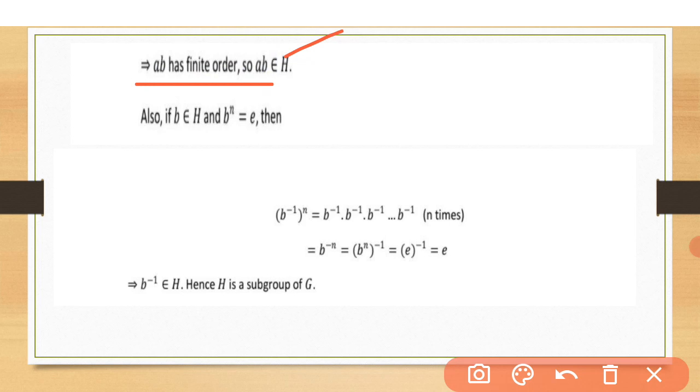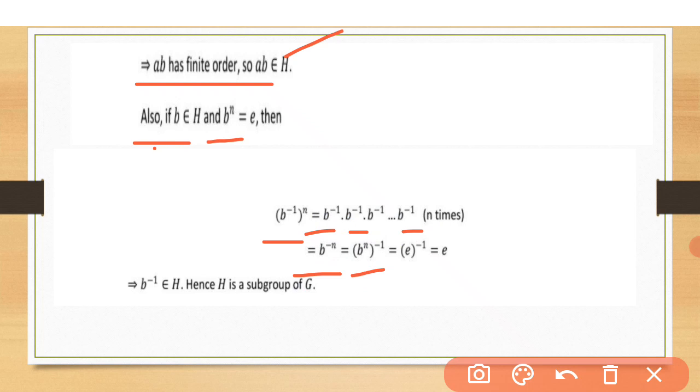So if B belongs to H, then B raised to power N is equal to the identity element because the order of B is N. Then B raised to power minus 1, N times: B raised to power minus 1, B raised to power minus 1, and so on. Because it was N times, it is B raised to power minus N, or we can write it as B raised to power N inverse.